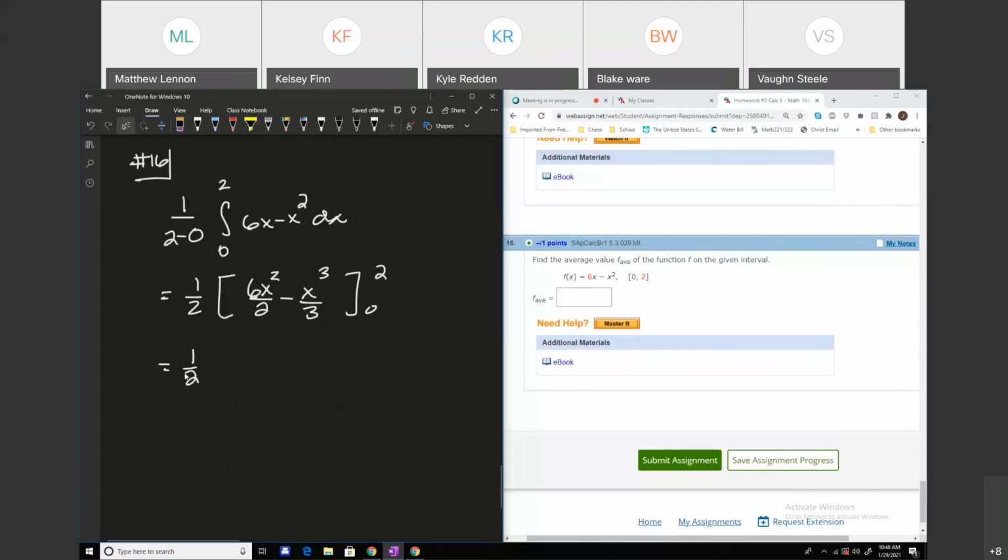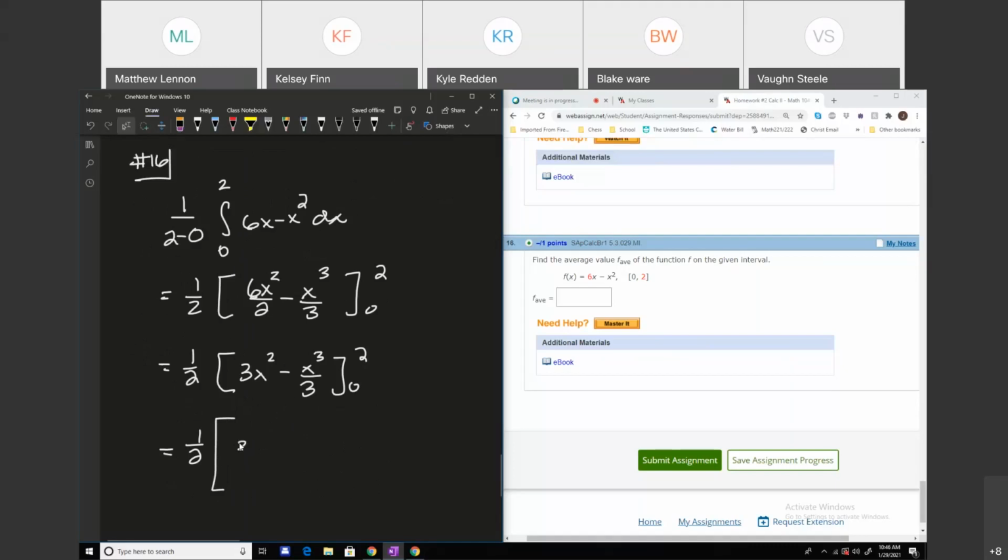So you have 1/2 times 3x squared minus x cubed over 3, from 0 to 2, and then just plug in your numbers. Probably since this has a third, you were using a repeating decimal too, is my guess, and that's the only reason you're getting this one wrong.